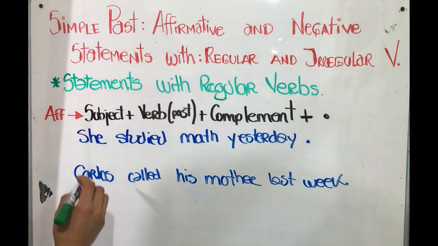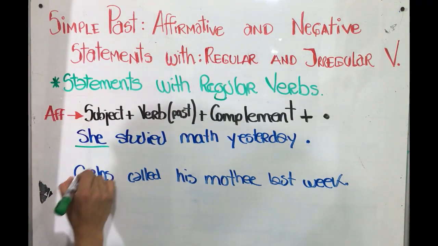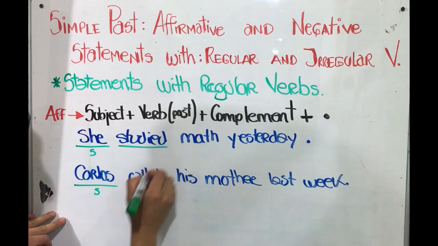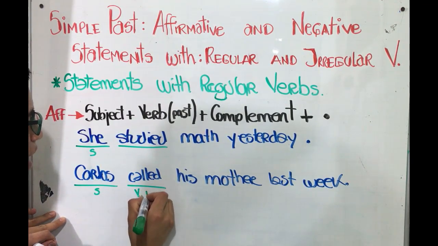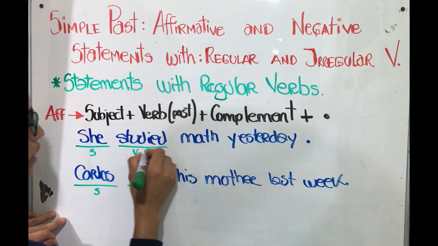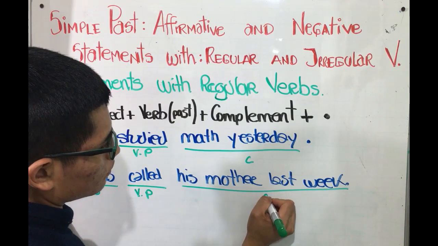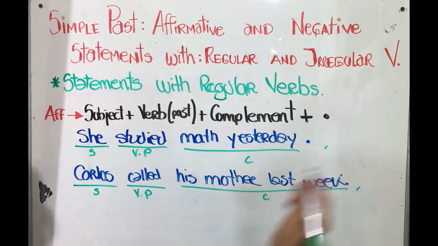Here we have the subject. This is the verb in the past. And this is the complement. And the period.